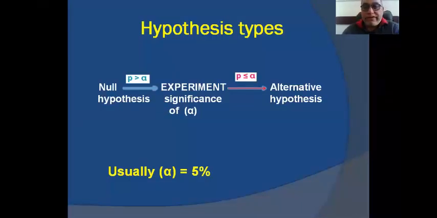Okay, I'm very sorry for the interruption. As we are talking about the hypothesis, we understand that there is a null hypothesis, which means there is no significant outcome of the trial, and an alternative hypothesis, which means there is a significant outcome of the trial. We get a positive or significant outcome when the result is equal to or less than the experimental threshold, which is usually chosen as 5%, or 0.05.